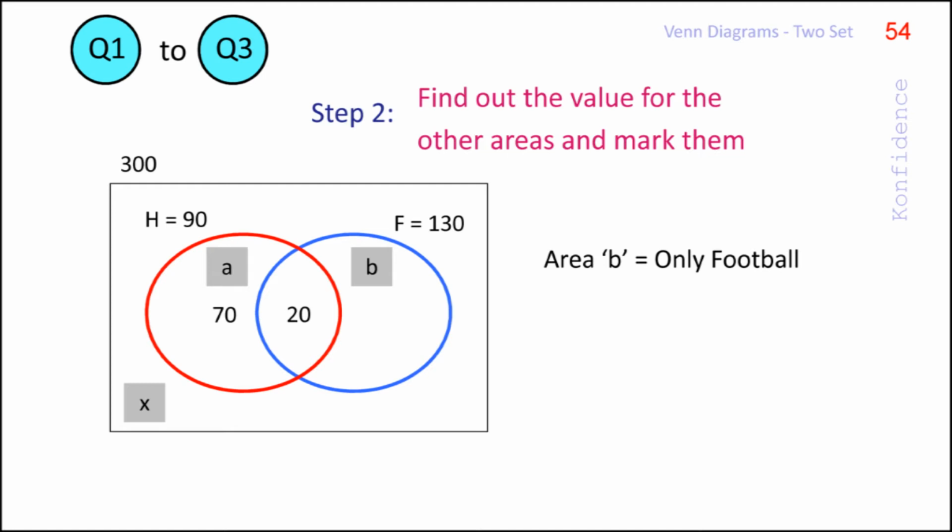This 130 includes students who play only football, given as B in the diagram, and the 20 students who play both football and hockey. Therefore, the value of B will be 130 minus 20, that is equal to 110.